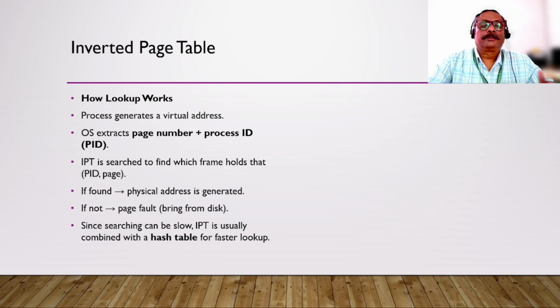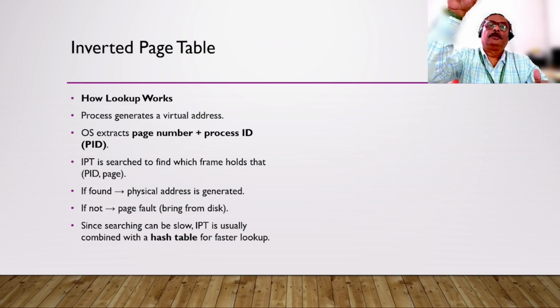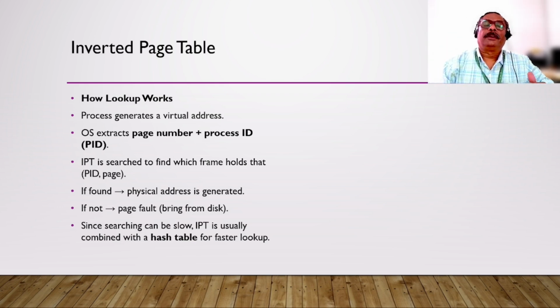And this searching can be slow because the whole table has to be searched. First location, which PID, which page. Second location, which PID, which page, and that way for every location we keep searching until we find our PID and page number pair.